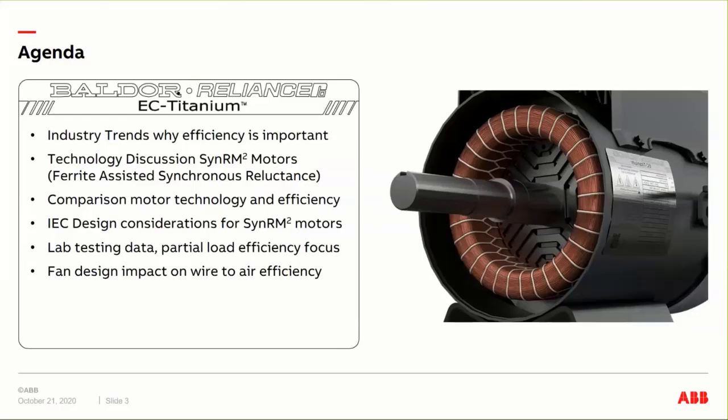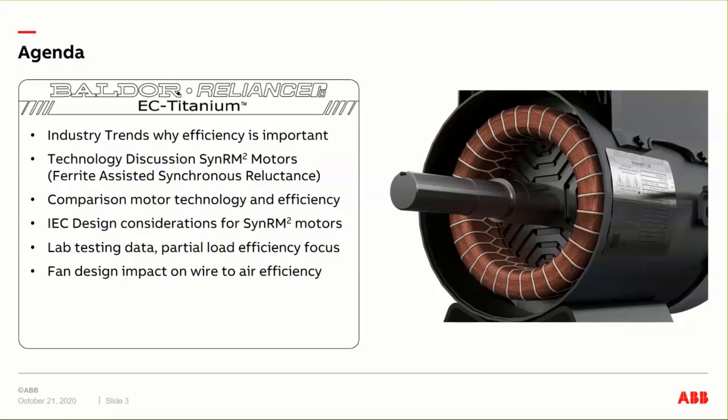We'll talk about some of the industry trends and what precipitated coming up with a second generation design, and then do a comparison of existing motor technologies and where this fits within that existing scope of motor technologies that are out today. We'll do a little brief discussion on IEC design considerations, the lower voltage, a little bit more current draw, so how the ratings match up with our NEMA products.